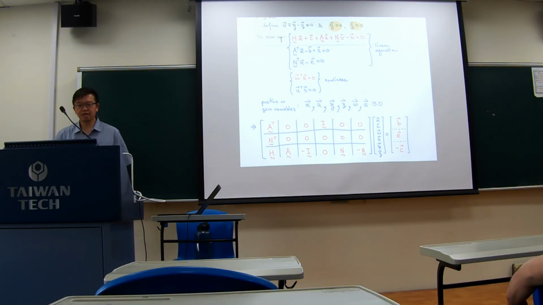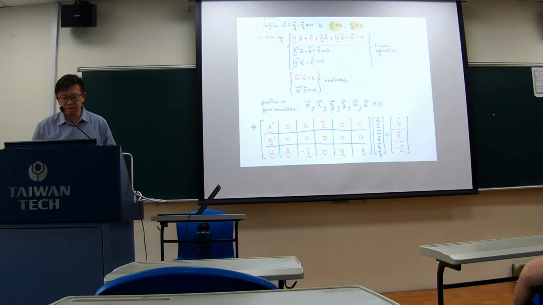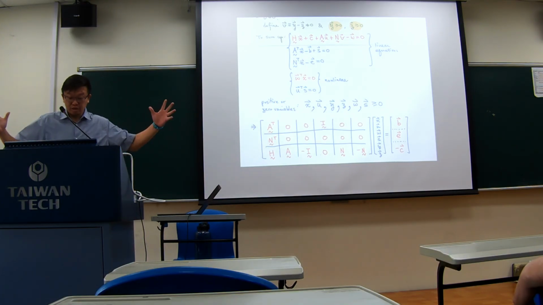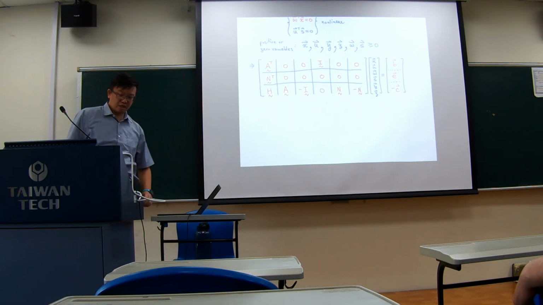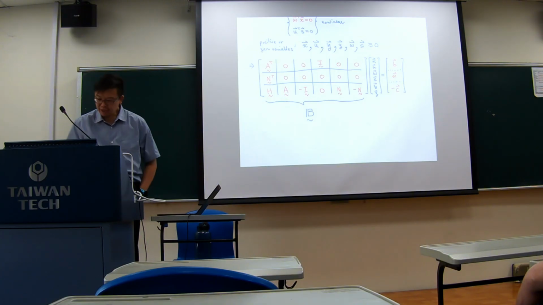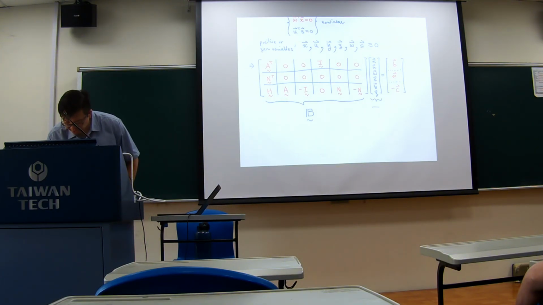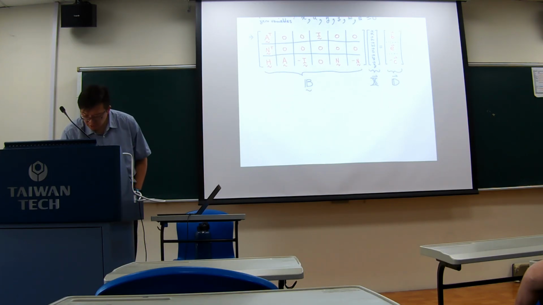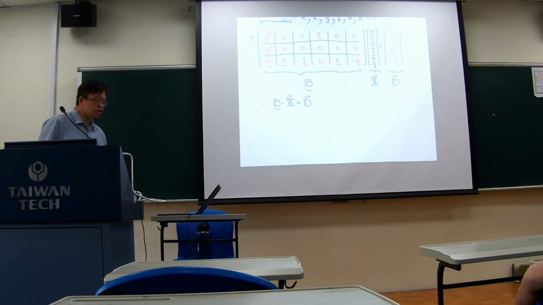So you notice that I can actually write down all the linear equations in such a big form. And let's just call this whole thing the big B matrix. Okay? And let's just call this the big X vector. And let's just call this the big D vector. So big B times big X equals big D. It's a linear equation.